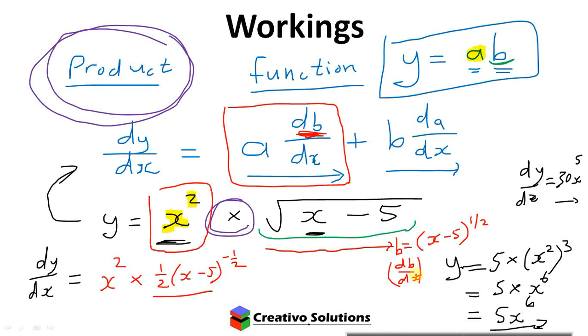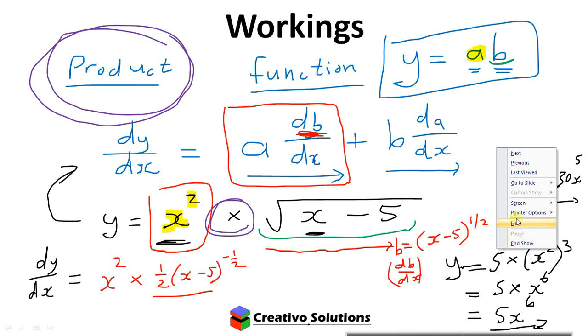Okay, so now what does this say? Second part. Write down the b, and then it says dA over dx. dA over dx is not a fraction. dA over dx is what? A derivative. It's saying derive a in terms of x. So where is a? What is a in this question? The x squared. It's highlighted.